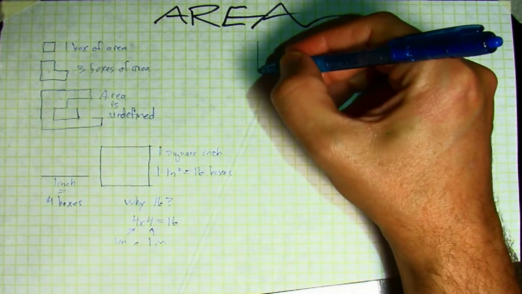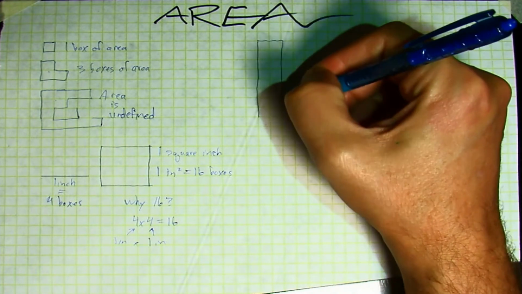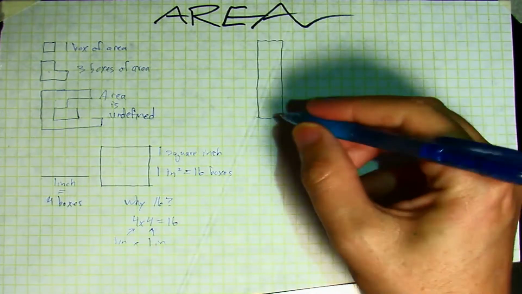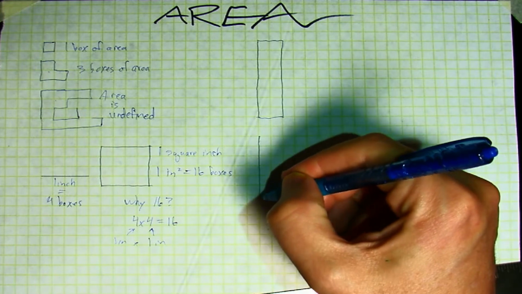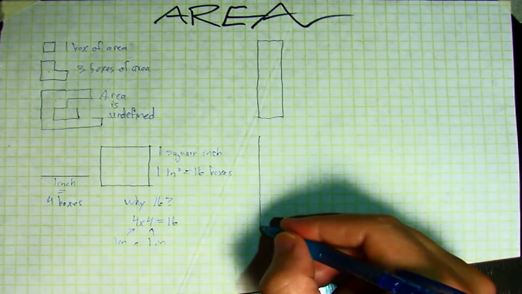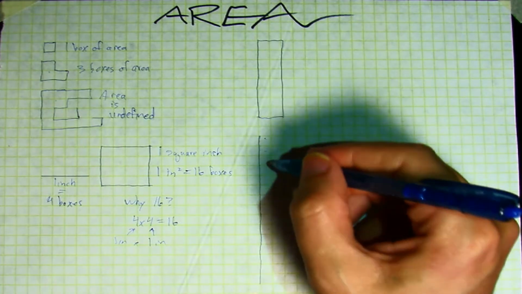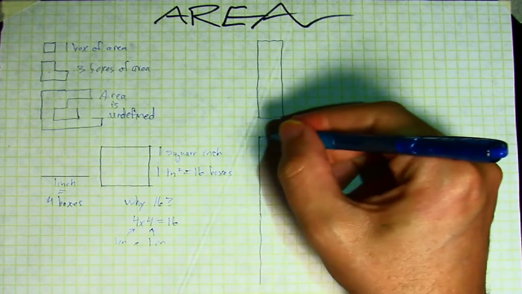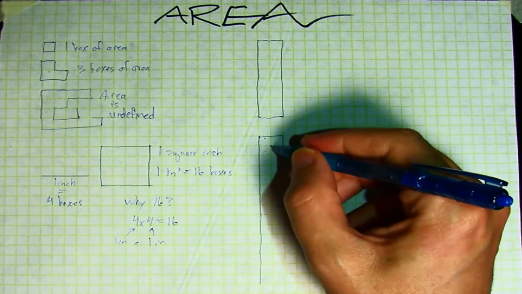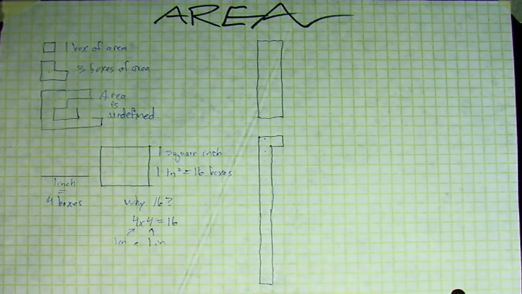So what if I do 8 by 2? Or I do something that looks like this. That is 1, 2, 3, 4, 5, 6, 7, 8, 9, 10, 11, 12, 13, 14, 15. Let's give it a head on it. Something like this. That is also 16.